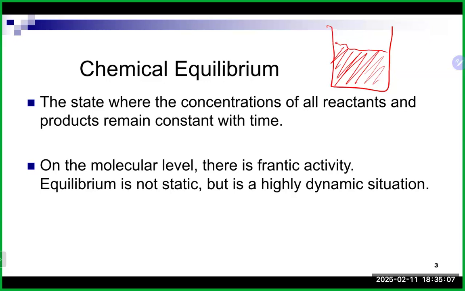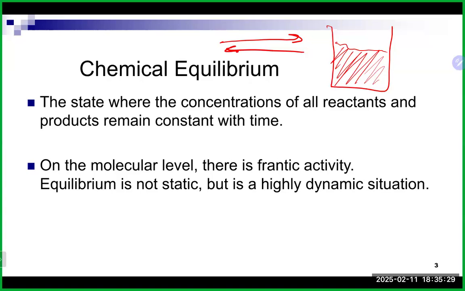If this is a reversible reaction that has reached equilibrium, although on the macroscopic level, the big level, it looks like it's done, if you were to super zoom in, you would see a lot of reactants going to products, a lot of products going back to reactants. There's a lot of activity happening to keep the thing red, basically.